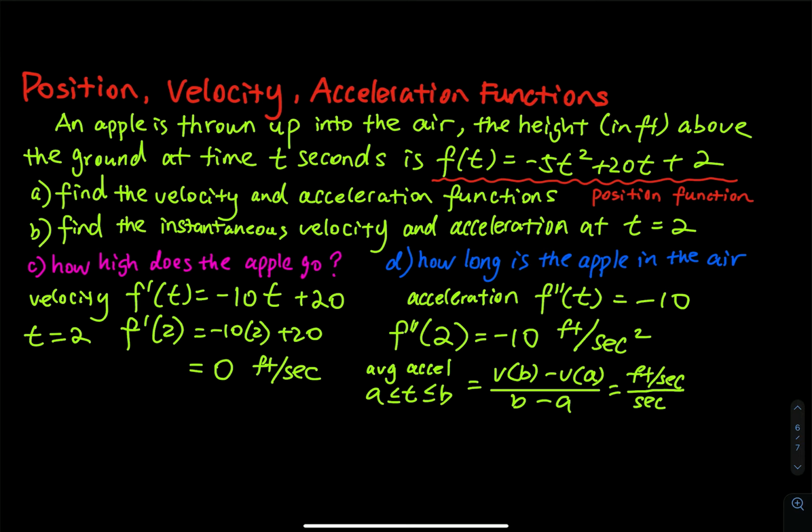So feet per second multiplied by 1 over second is feet per second square. So that's why the acceleration is in feet per second square.